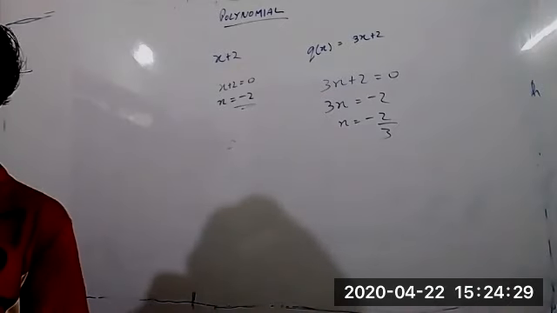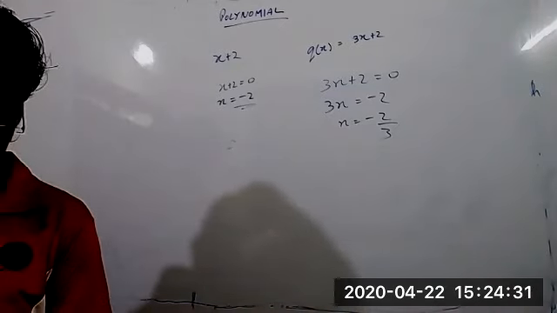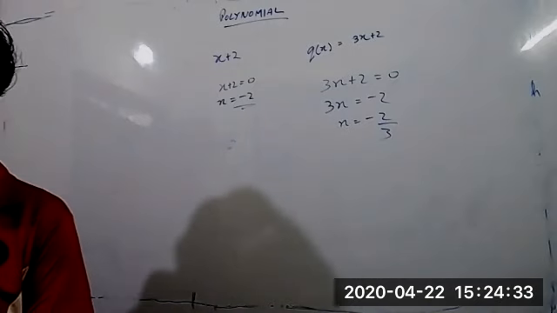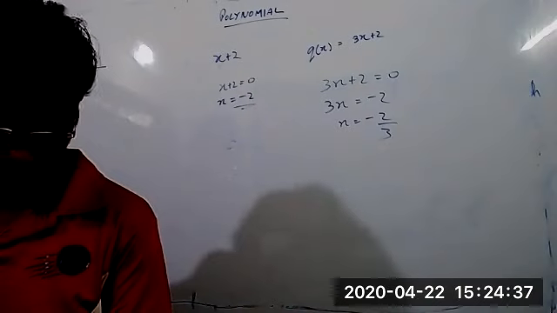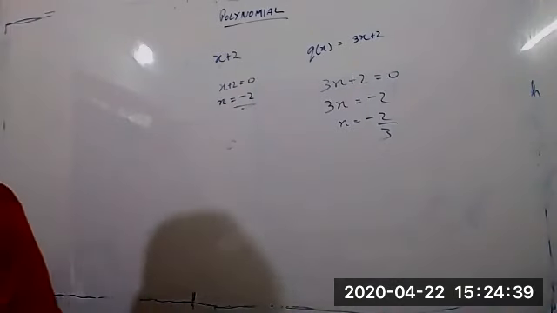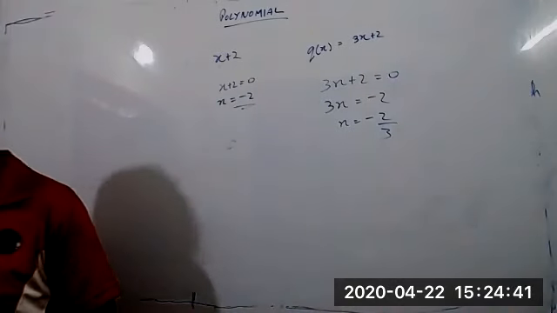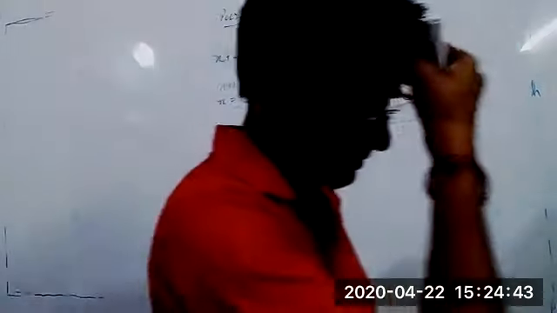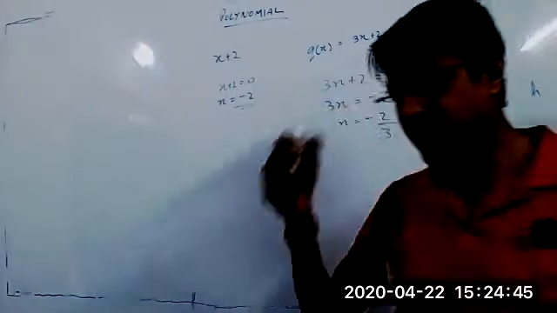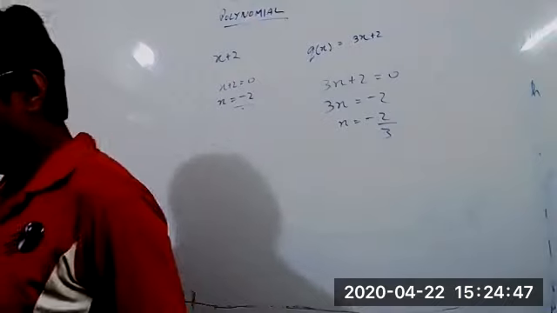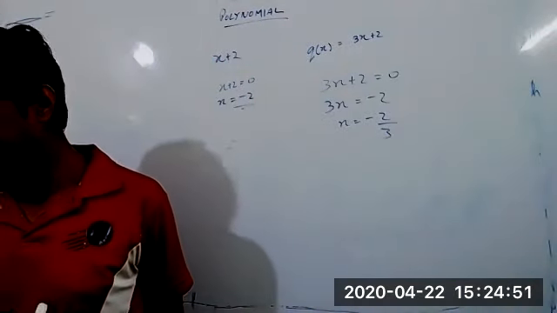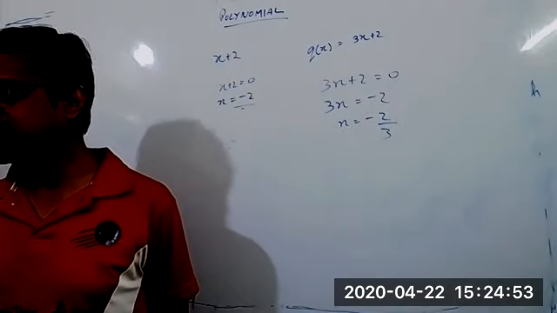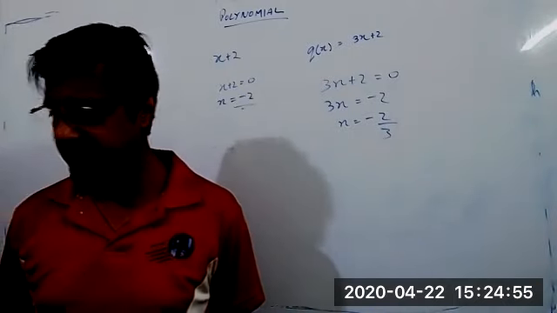So you understood how to find the zeroth value. Now I will send you the NCERT book. Very little concepts you have to apply. You can do the first 4 exercises within half an hour.